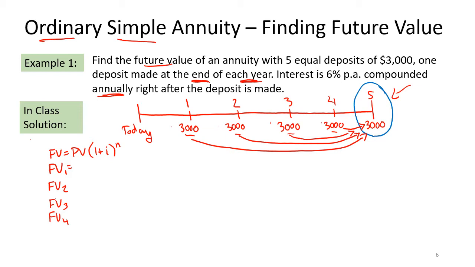But in our question, our interest rate was only given once, meaning we have just one interest rate to consider. So for each one of them, we're going to have the present value, times 1 plus the periodic interest rate, and I'm going to place each of them to the exponent n1, n2, n3, and n4.